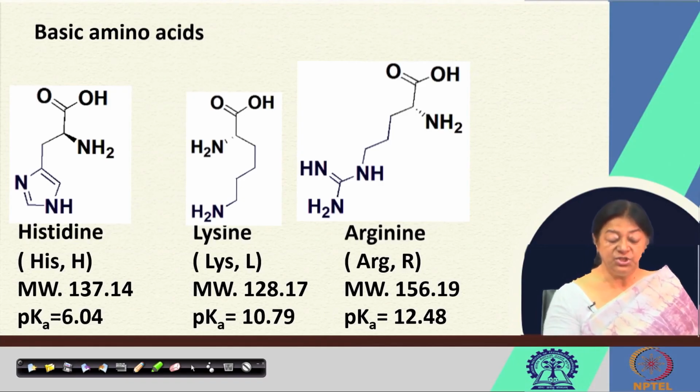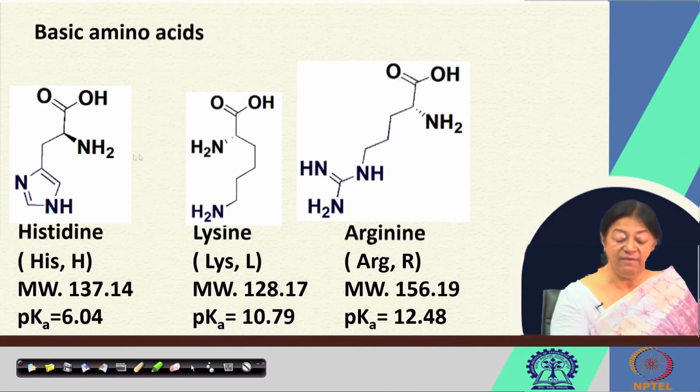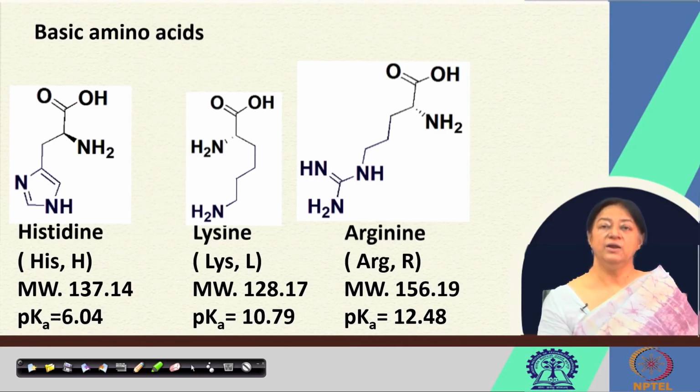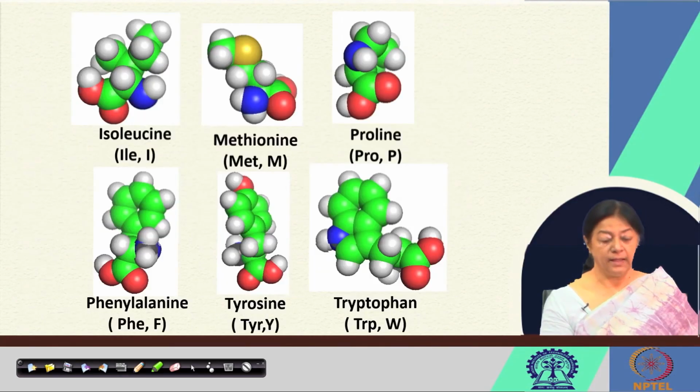Here, in addition to the NH2 that we have, we also see additional NH2 groups, making these basic amino acids that are also going to be involved in electrostatic interactions and also change the properties of the proteins in a manner that is important for function, very important for a lot of enzymatic reactions as well.